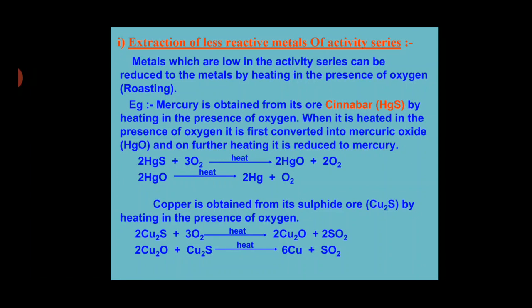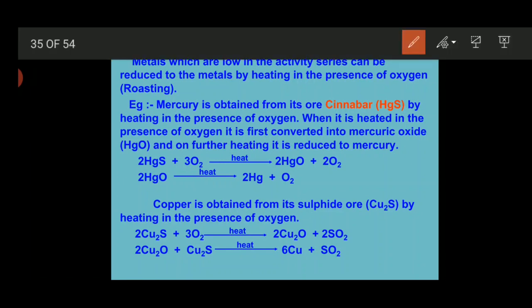So let's understand through a definition and through an activity with the help of an example. Metals which are low reactive in the reactivity series can be reduced to the metal by heating in the presence of oxygen. That we already discussed. That process is known as the roasting process.